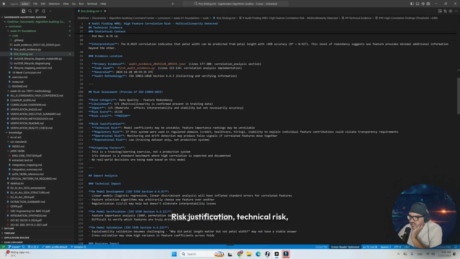Risk justification: technical risk, model coefficients may be unstable, feature importance rankings may be unreliable. Regulatory risk: if this system were used in regulated domains, credit, healthcare, hiring, inability to explain feature contributions could violate transparency requirements. Operational risk: monitoring and drift detection may produce false signals if correlated features move together. Reputational risk low, training data set only, not production system.